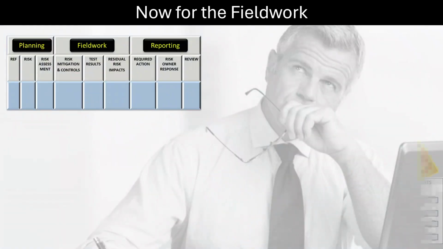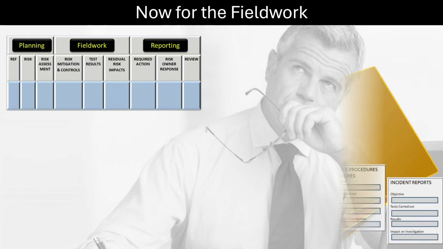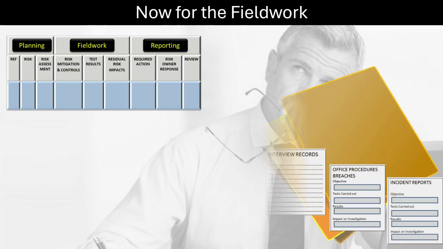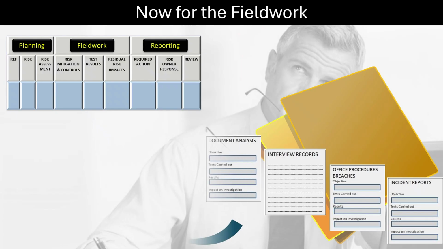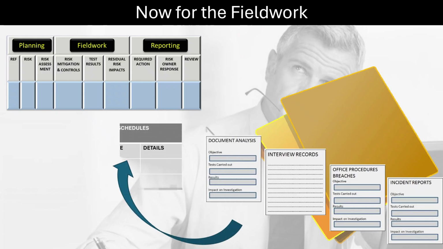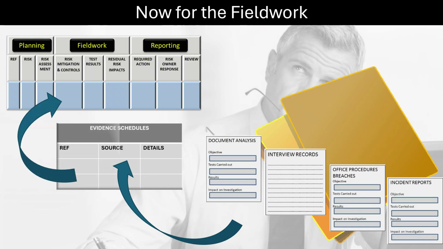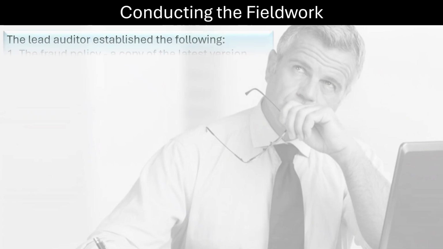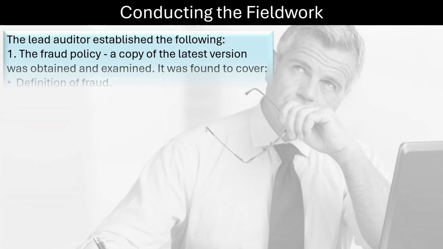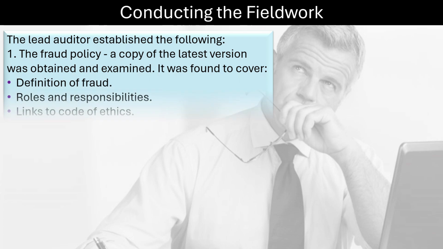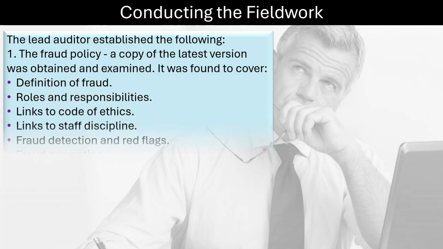This is about securing and analysing enough evidence to achieve the engagement's objectives and documenting the results in evidence schedules that will feed into your fieldwork summary. The fieldwork involves finding out about the area or activity under review, which is what we called the ascertainment stage in our model.